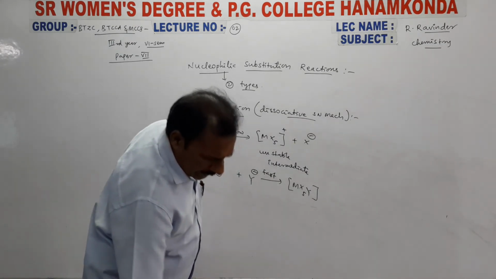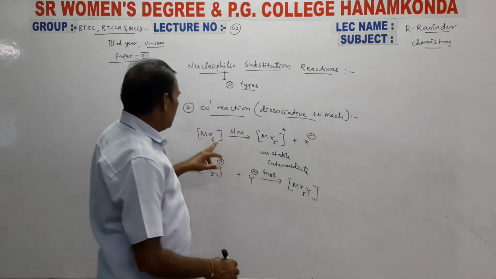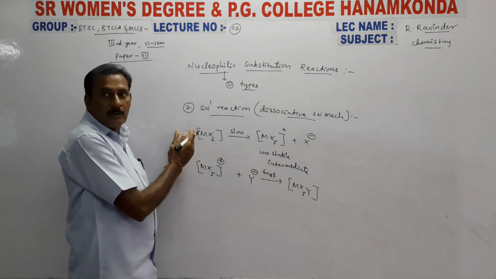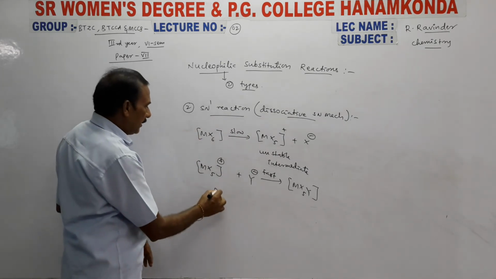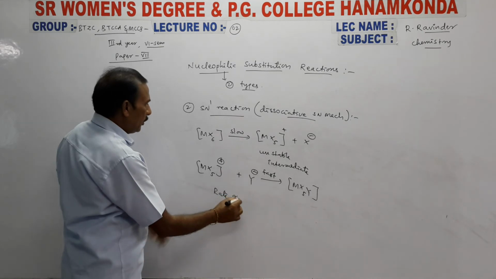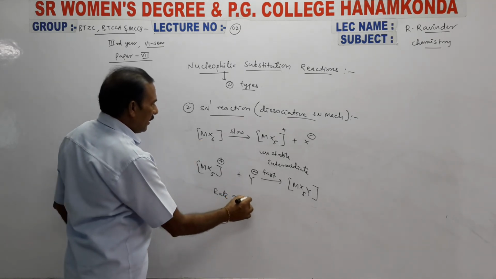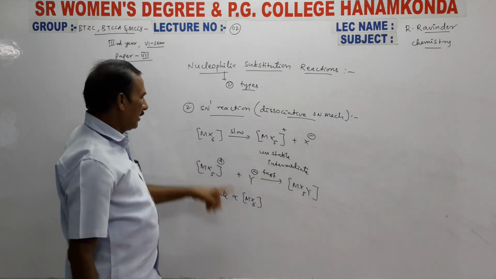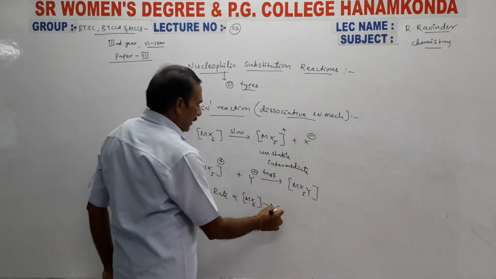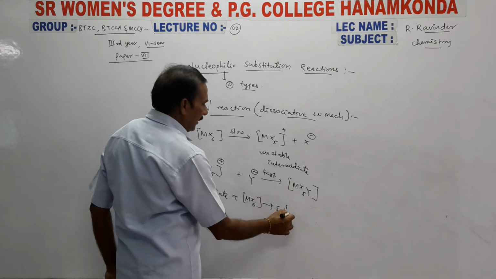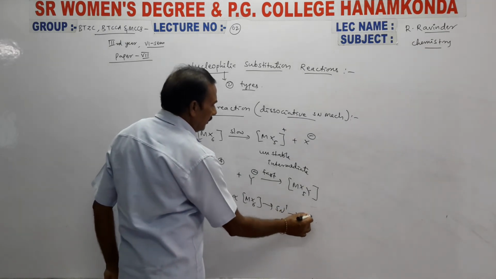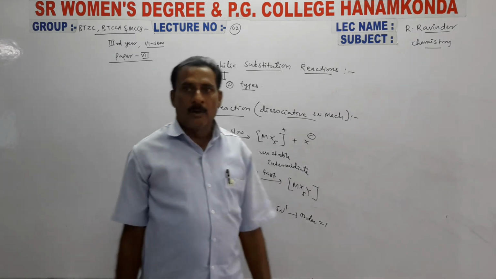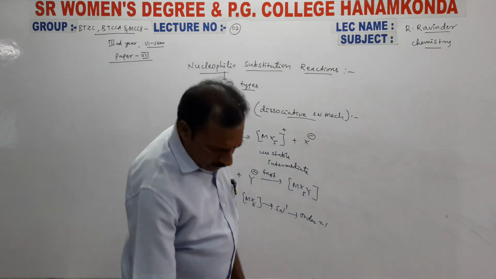Hence it is the unimolecular SN1 reaction. The rate of the reaction depends upon the slow step. Here the rate is proportional only to the concentration of MX6. That's why it is an SN1 reaction, or first order reaction: order equal to 1, unimolecular nucleophilic substitution reaction.